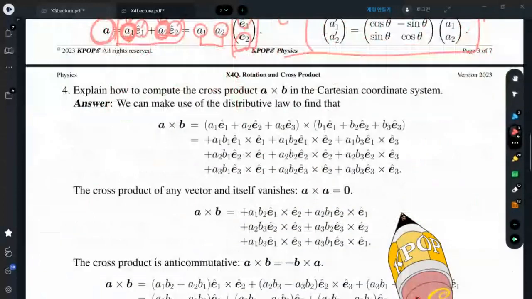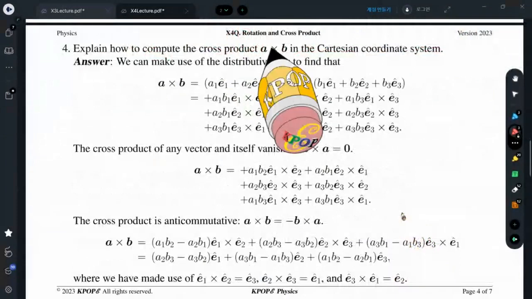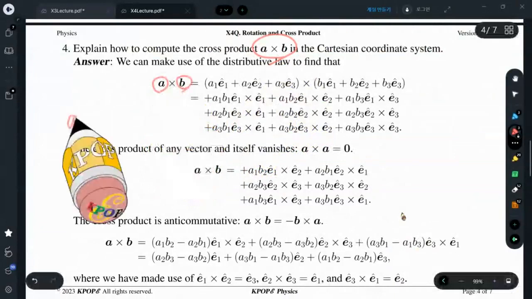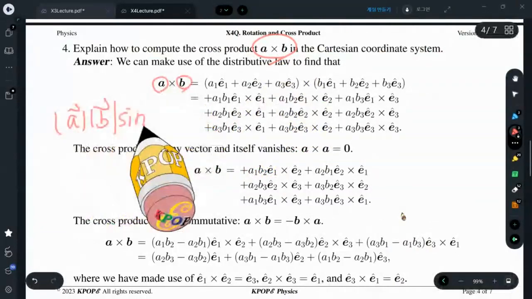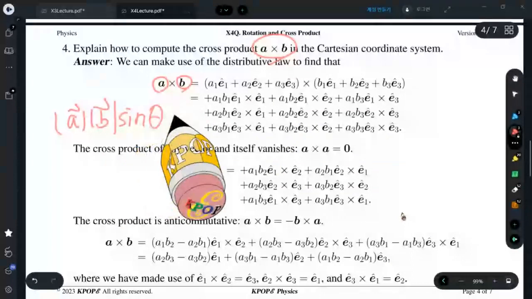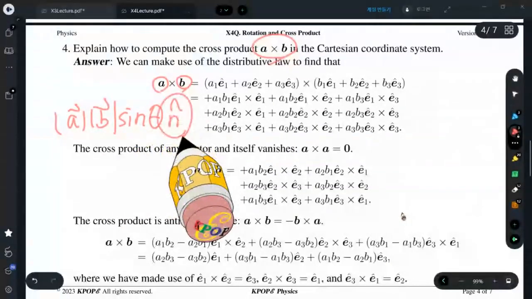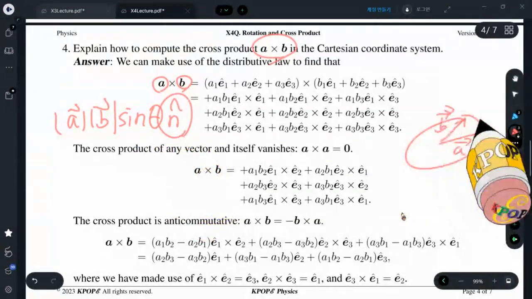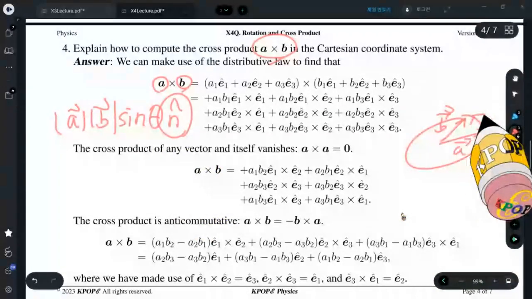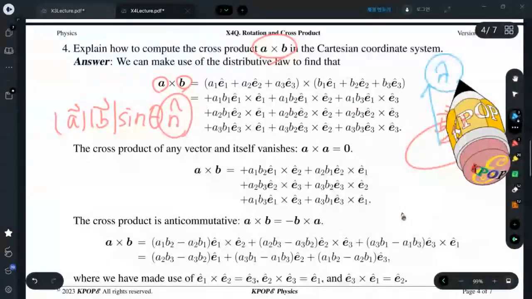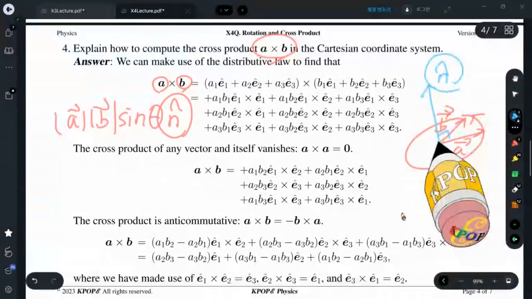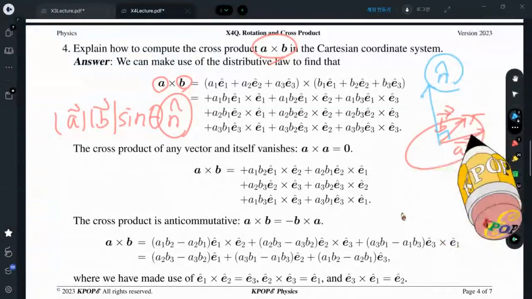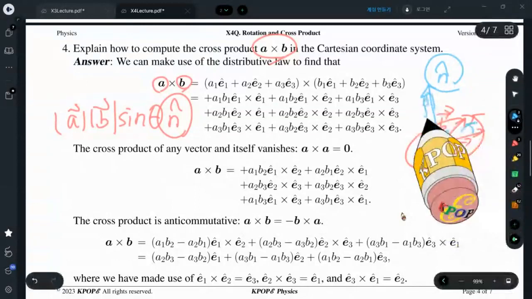Next, we consider cross product. Cross product is defined by the product of magnitudes and sine of the angle, and there's a unit vector n hat that is perpendicular to the plane spanned by A and B. By using the right-handed screw law, we choose n hat perpendicular to this plane: if you use your right hand, swipe from A to B, your thumb is heading toward n hat.